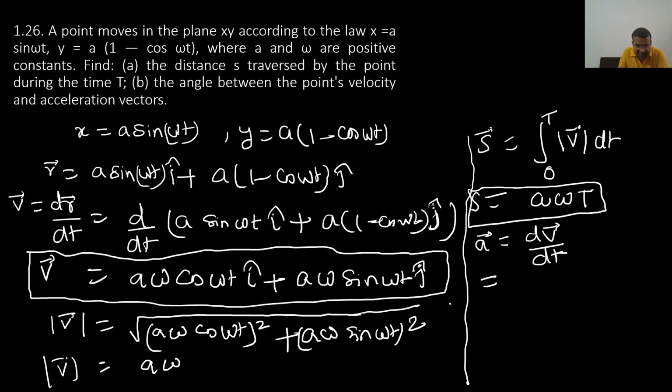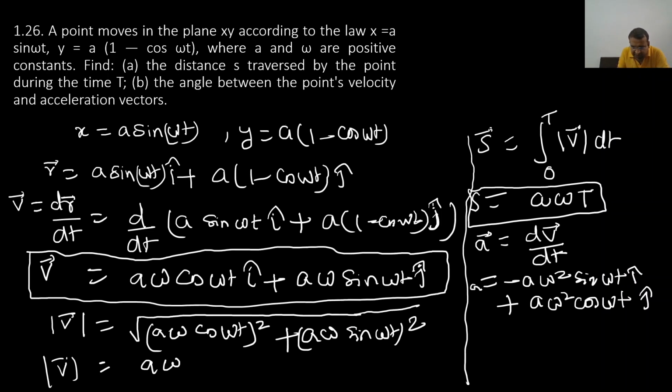Differentiating the velocity vector, we get minus a omega square sin omega t i cap, since cos is differentiated to minus sine, plus a omega square cos omega t j cap, because sine is differentiated to cos.